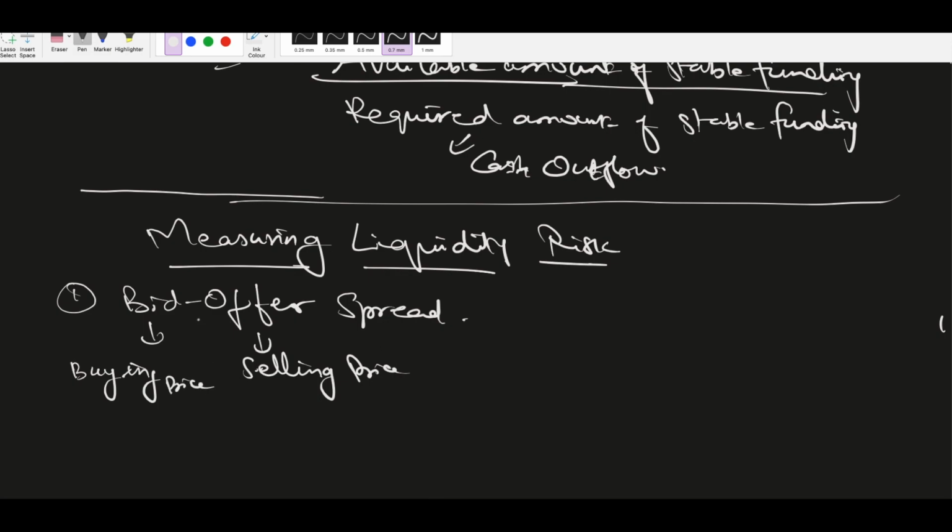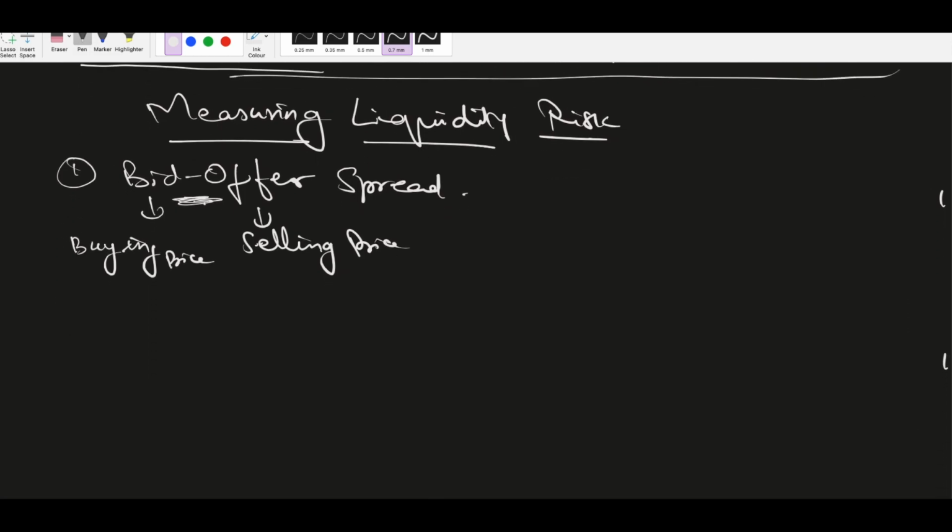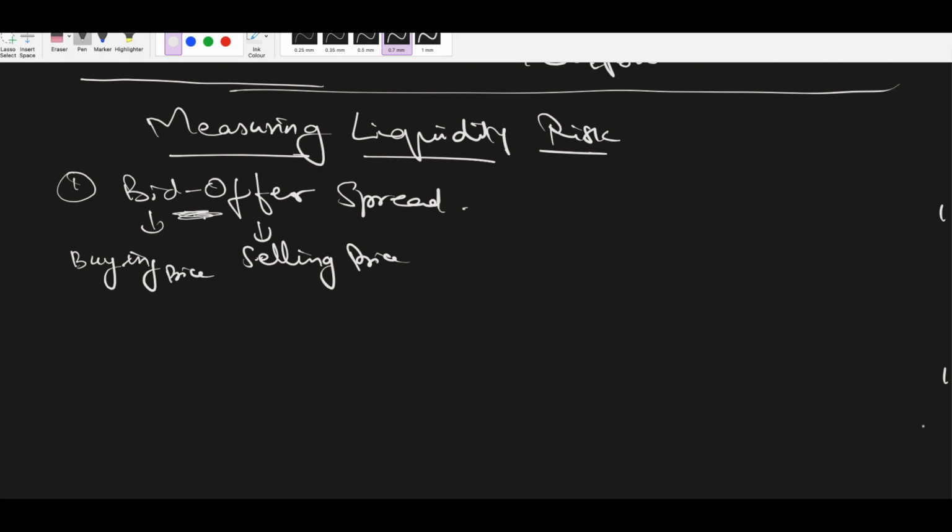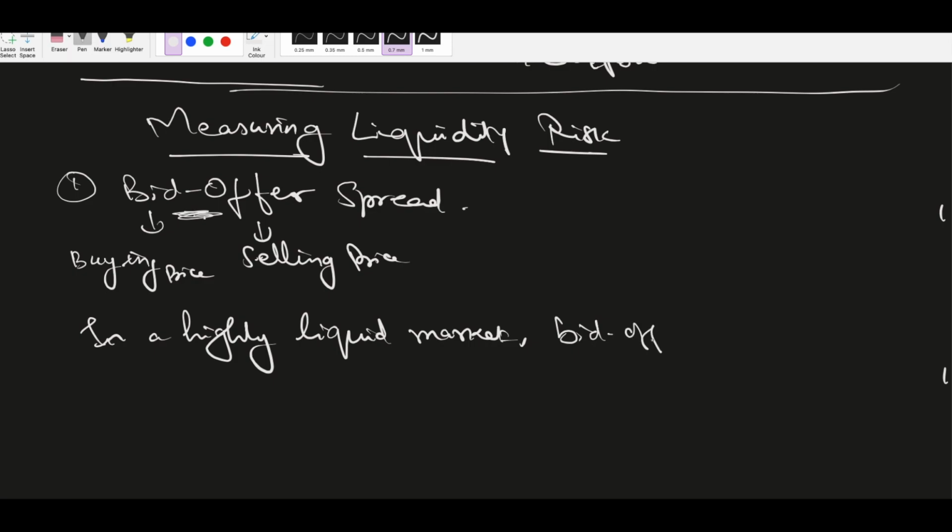If the buying price and selling price have a huge gap, that shows liquidity risk. In a highly liquid market, the bid offer spread will be very small, whereas if there is liquidity risk, it will be high.